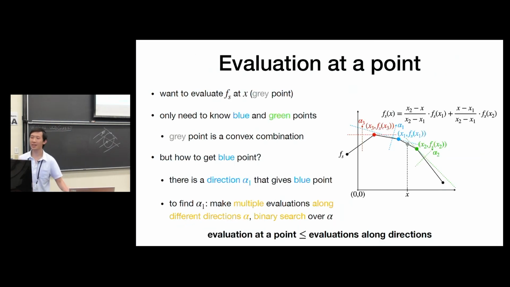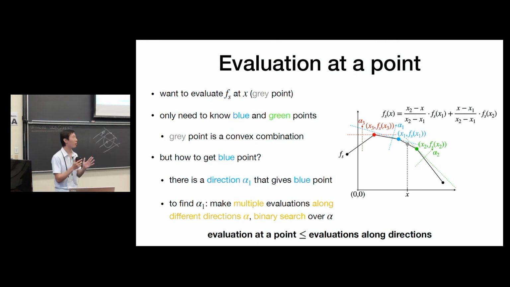Okay, so how do we perform these evaluations? Suppose we want to find the green point. Then all we need to do is to find the blue and the green points, because the green point is a convex combination of the two, right? So how do we find the blue point? Observe that there's a direction, the blue direction, such that if we query along that direction, we're going to get the blue point.